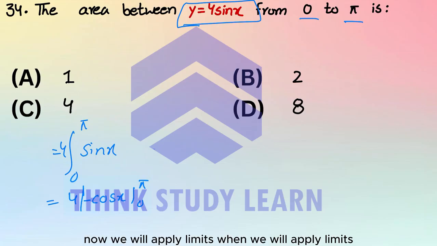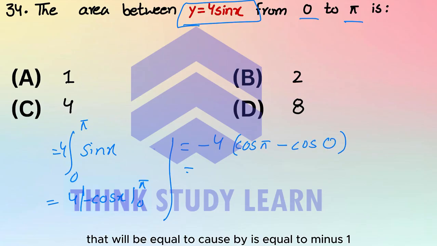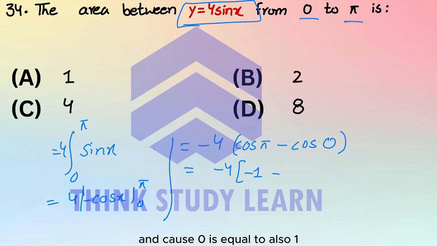Now we will apply limits. When we apply limits, the equation will become cos pi minus cos 0, where cos pi is equal to -1 and cos 0 is equal to 1. So 8, D option is the right answer.